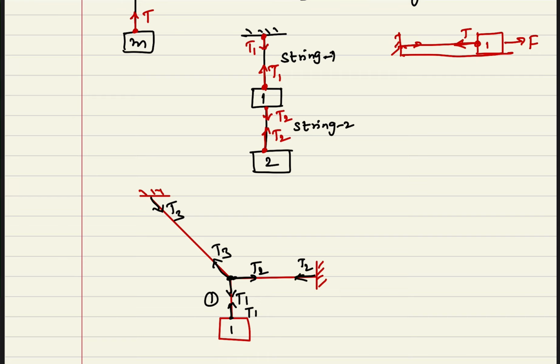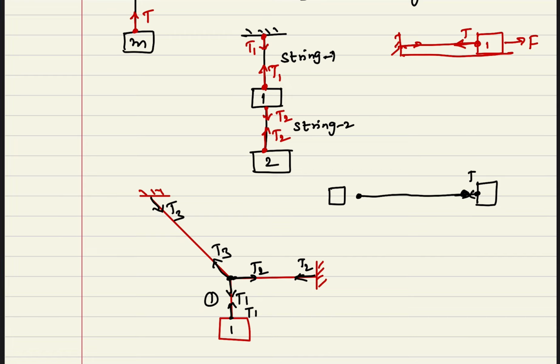It will be in equal and opposite directions. Why am I taking equal and opposite directions here? Whenever a string is there, we can see at wherever contact points are there, suppose I connect a body here and here also one body is connected, on this body tension will be like this.